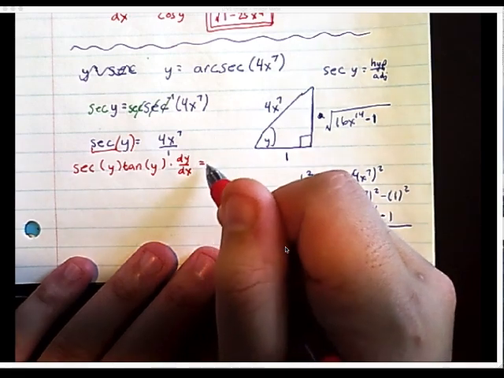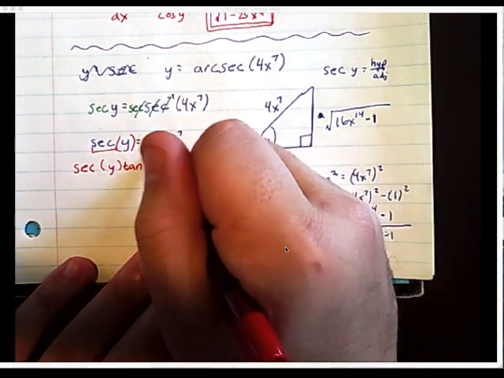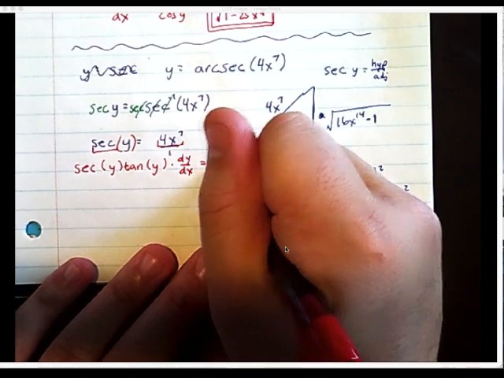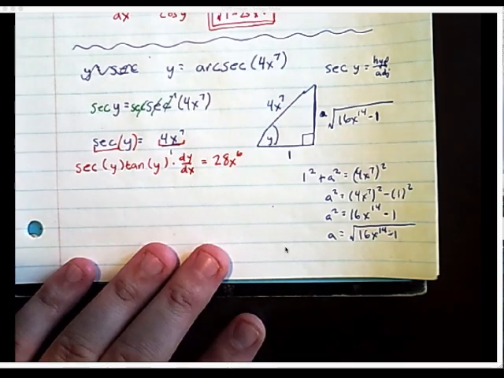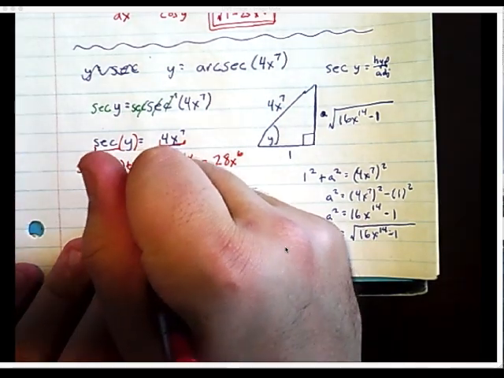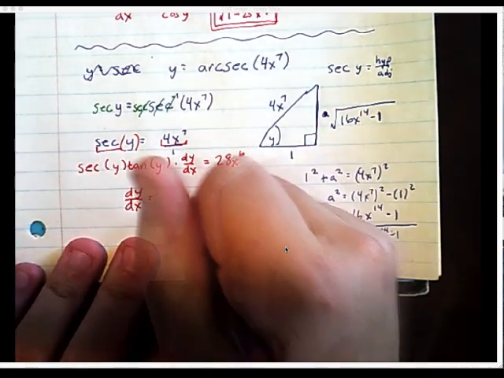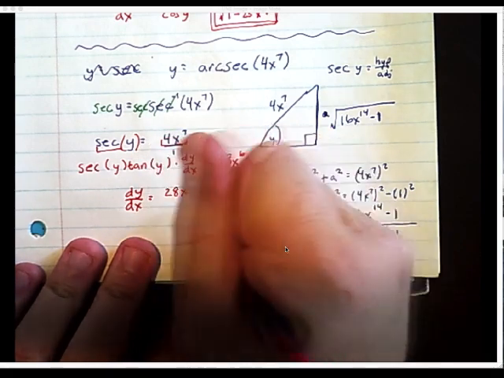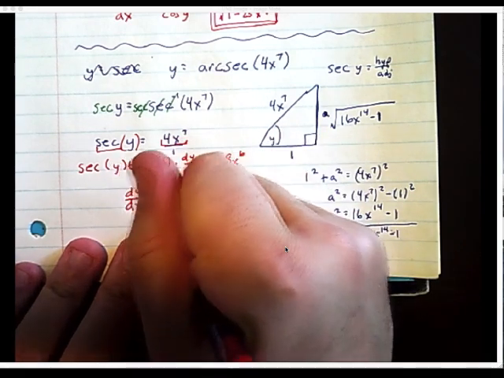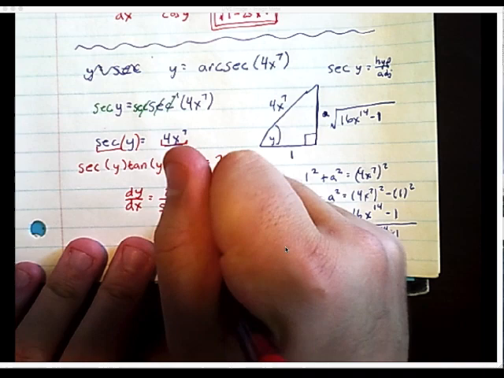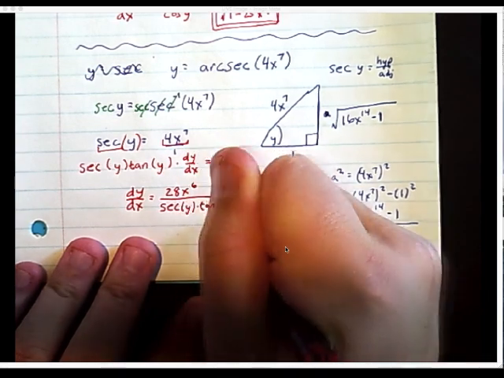So the derivative of 4x to the 7th would be 28x to the 6th. So if I wanted to solve for dy/dx, I would divide both sides by everything else. So I would take 28x to the 6th and divide it by the secant of y times the tangent of y.